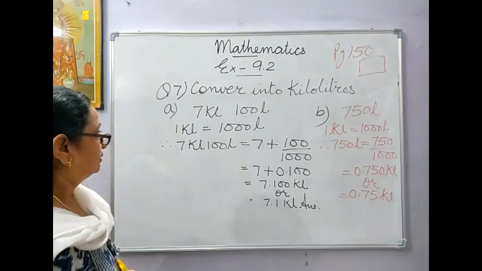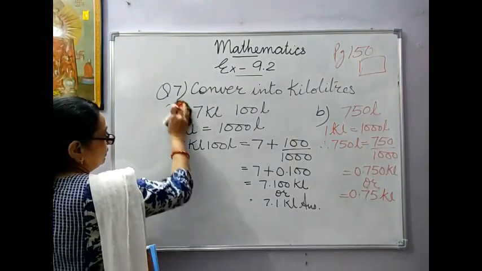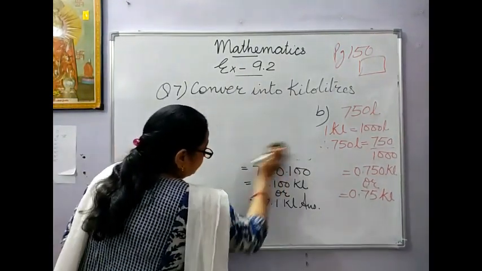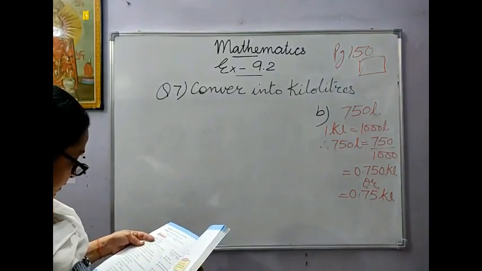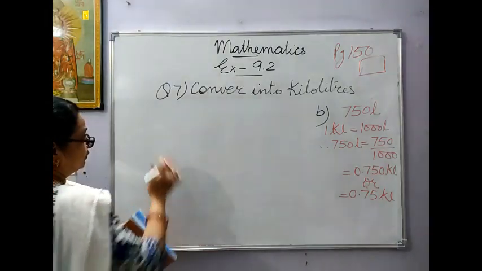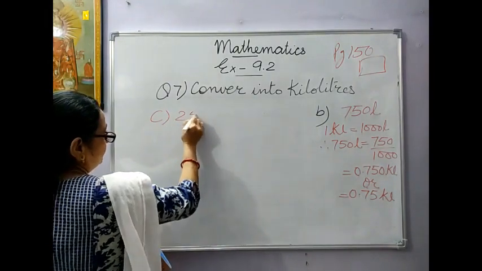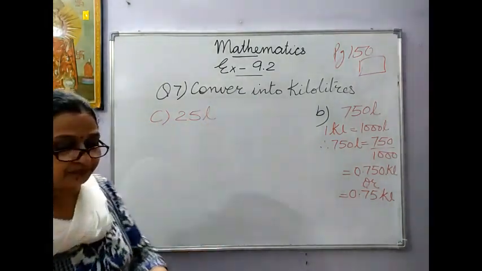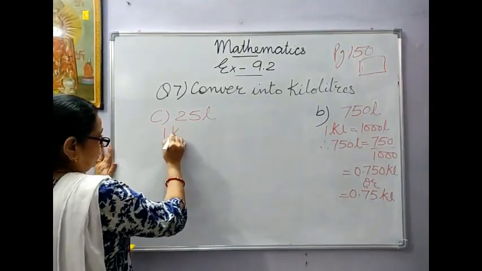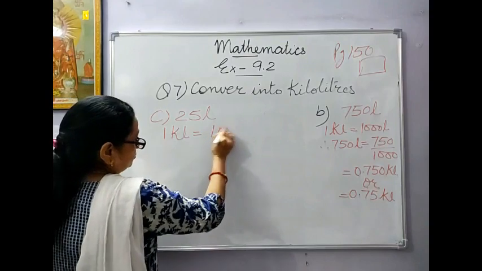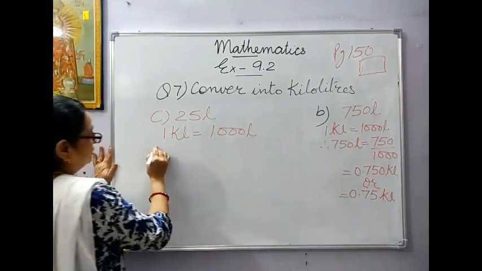Okay. So now the last sum I will be doing. With this we will finish our exercise. I know you can do it, but I will do this sum number C for you. Liter. 1 kiloliter is equal to 1000 liter.